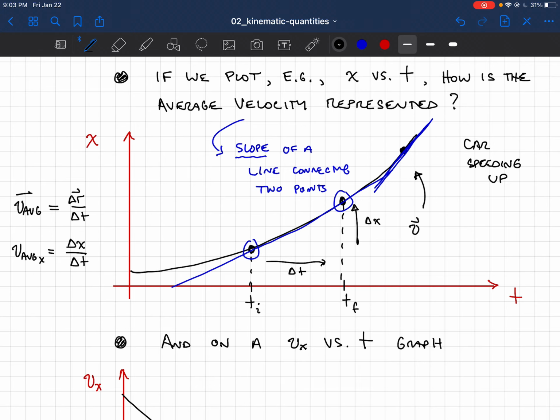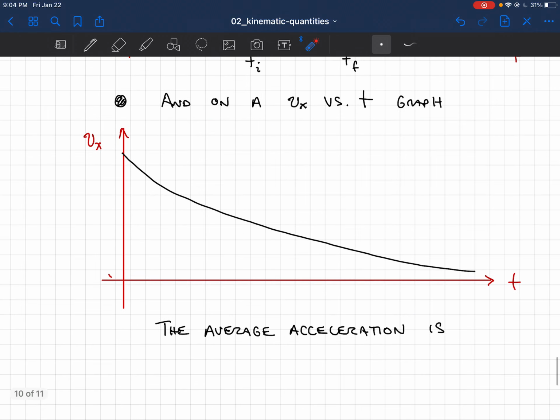So v sub x is the slope of the tangent line. And you can see that that's just the limit of the slope of a line that connects 2 points. As you bring the 2 points closer together, then your line becomes more and more tangent, as we saw before when we were talking about displacement, and therefore the slope of the tangent line is how you get the velocity at a given moment in time.